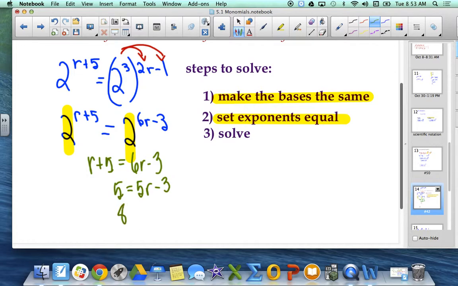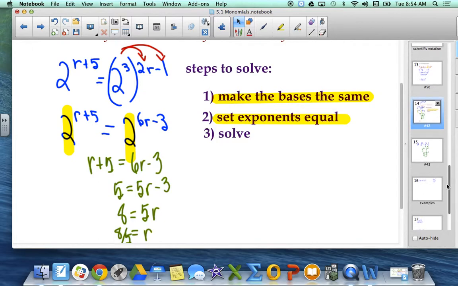And we'll add to get 8 is equal to 5r, so r is equal to 8/5. Everybody okay with that one?